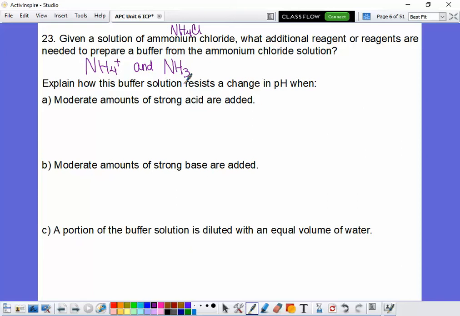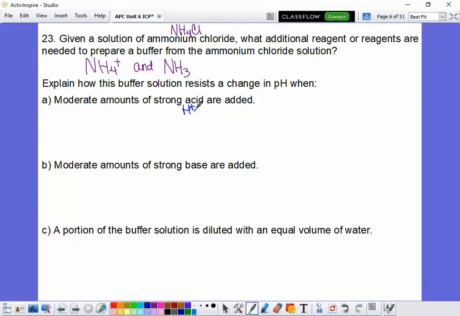So if I add moderate amounts of strong acid to this buffer, give me an example of a strong acid. HCl. What part of that HCl do you think is important? The H plus. Whenever you see strong acid, you can just write H plus, because remember, strong acids completely dissociate. So the only thing we're going to care about is the hydrogen ion.